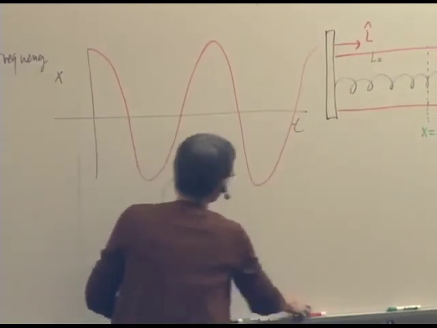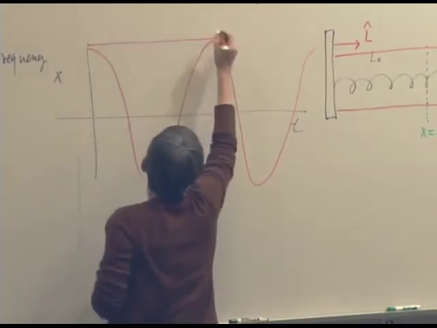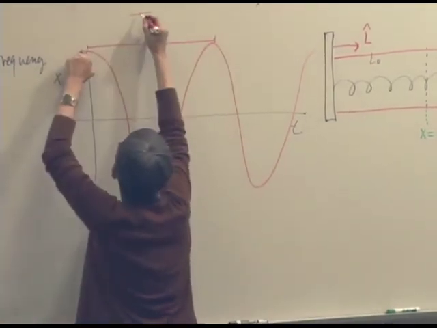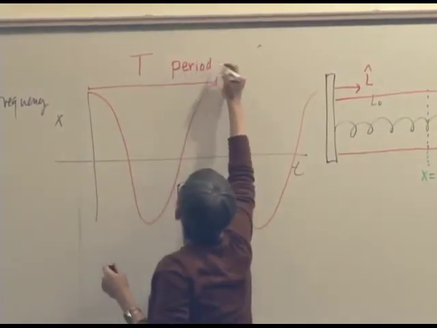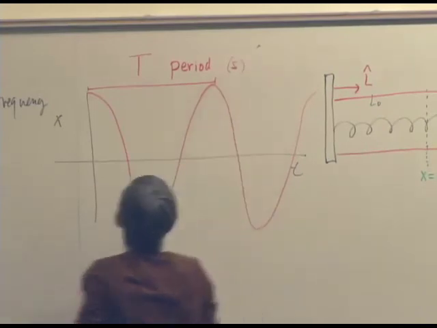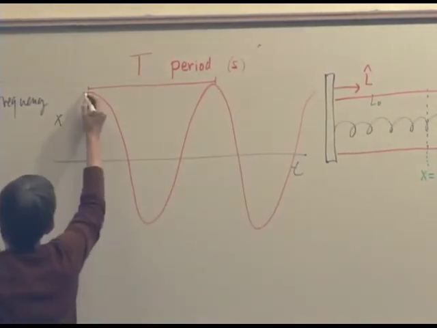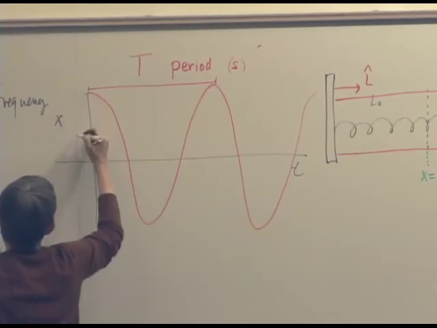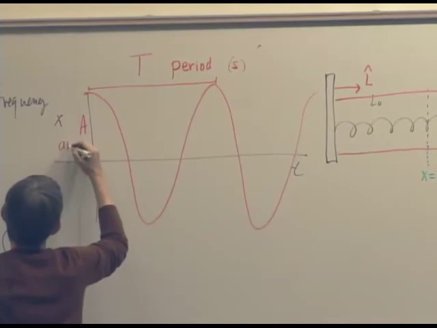And so this time to go from one back to its original position is called capital T. It's the period in seconds. And this height, this maximum displacement from 0, that's A, it's called the amplitude.